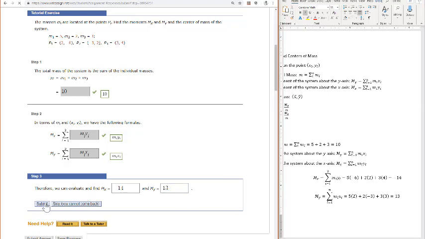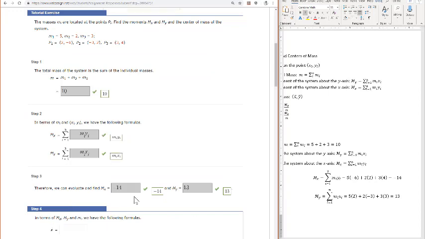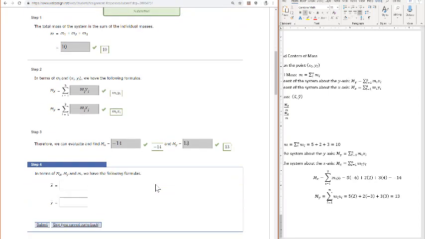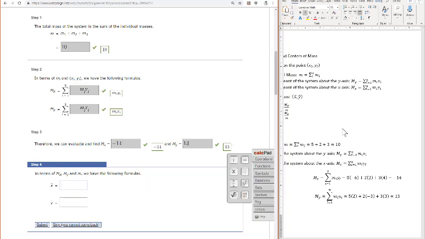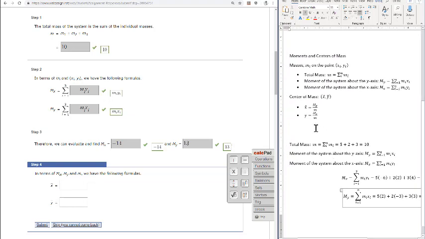Okay, so hopefully we did the simple arithmetic correctly. And then now we want to find x bar and y bar. Actually, they want us to write this in terms of My, Mx, and m. So this time it actually matches. It should match. So, oops, no, it doesn't. The x bar is the one with the y in it.